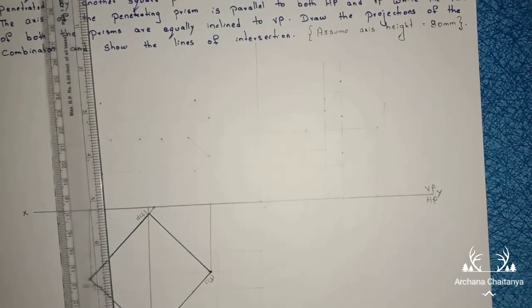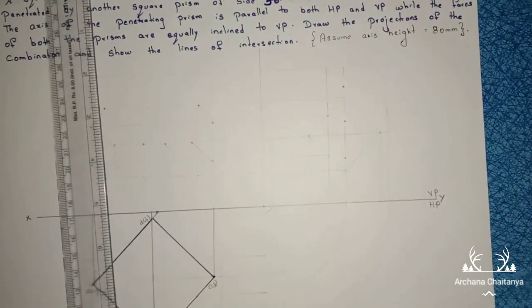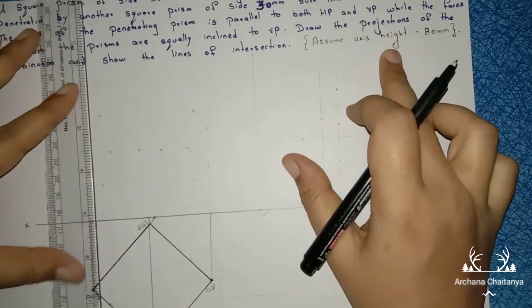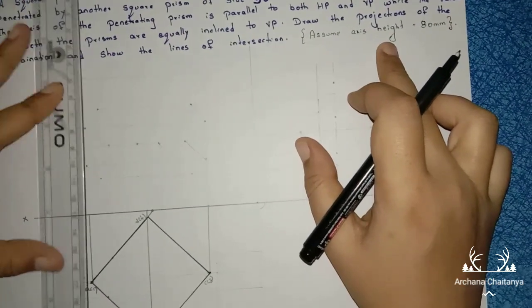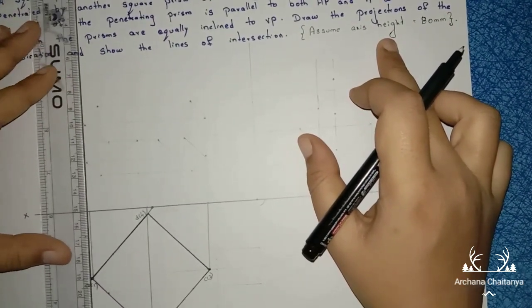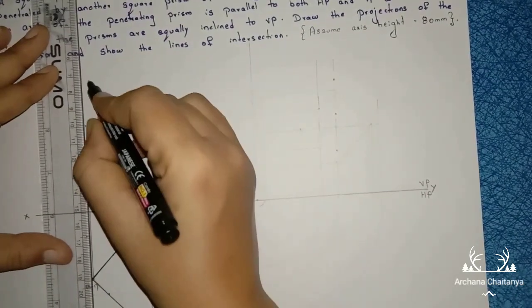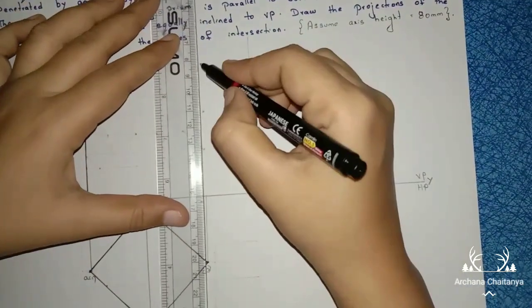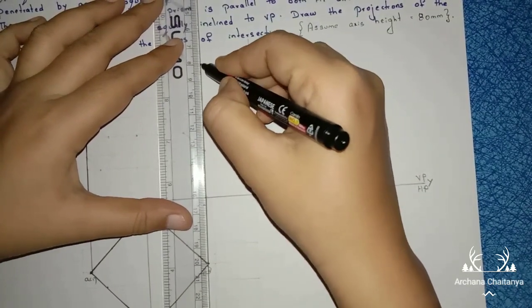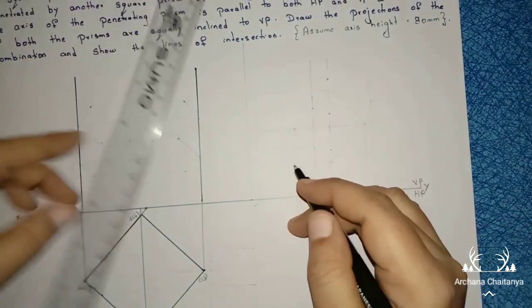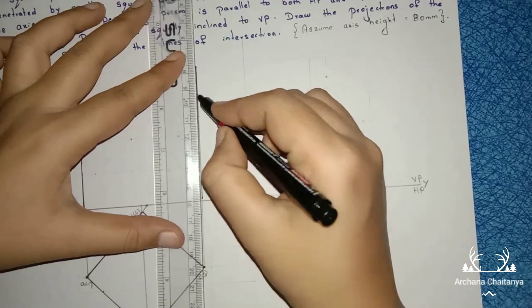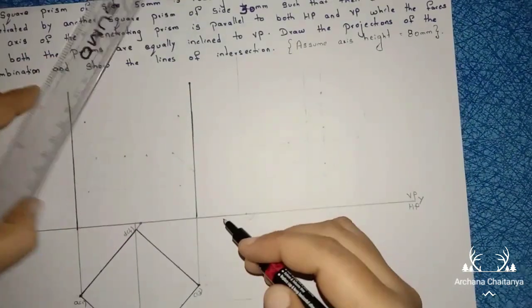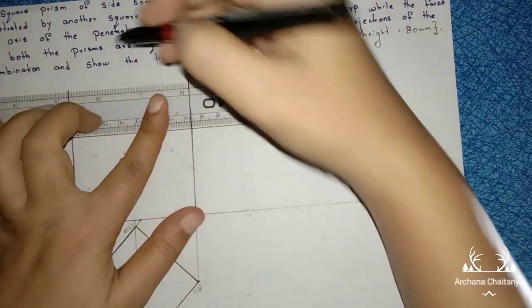Now here axis height is 80 mm. I assume that axis height is 80 mm. So I am taking axis height here 80 mm. Here also 80 mm. And join this one.